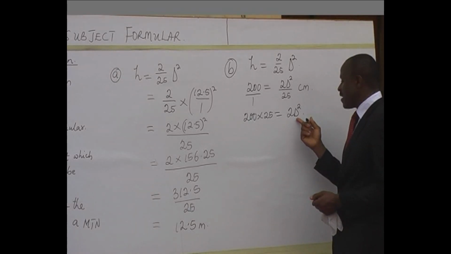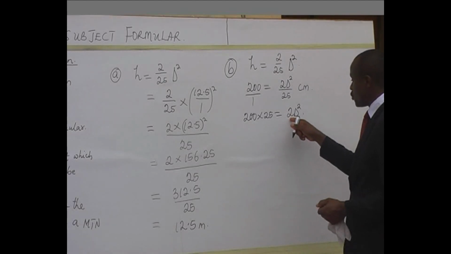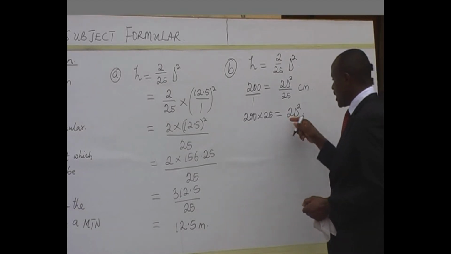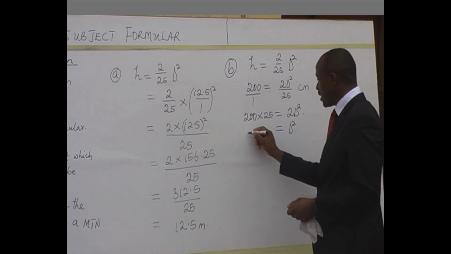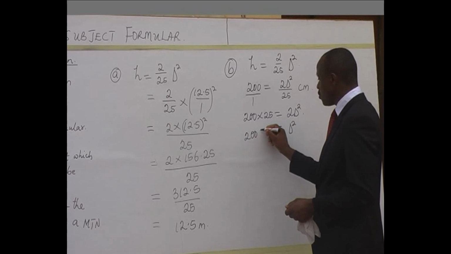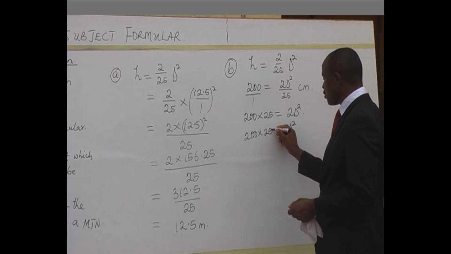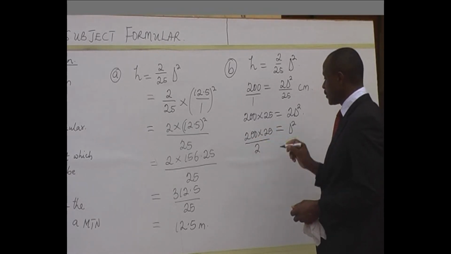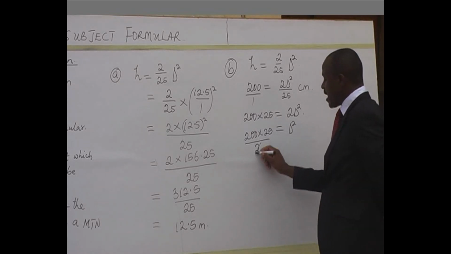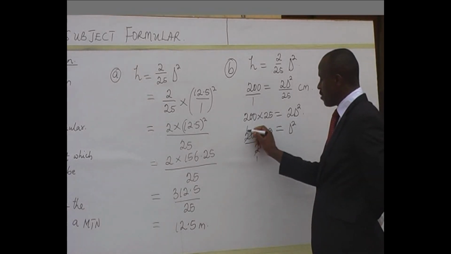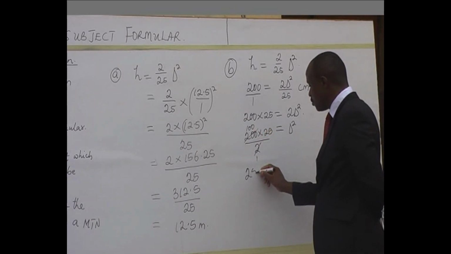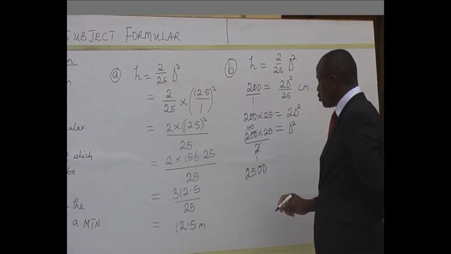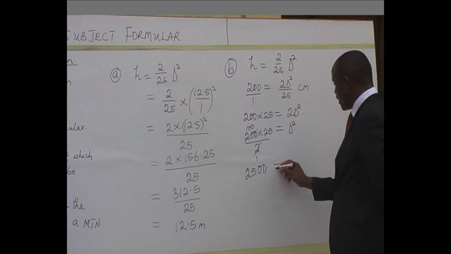So you are going to divide both sides of the equation by 2 so as to eliminate the 2. If you do that, you'll be left with only d squared on one side, and on the other you have 200 times 25 divided by 2. 2 can divide itself to give you 1, divide 200 to give you 100. 100 times 25 will give you 2,500, which is equal to d squared.